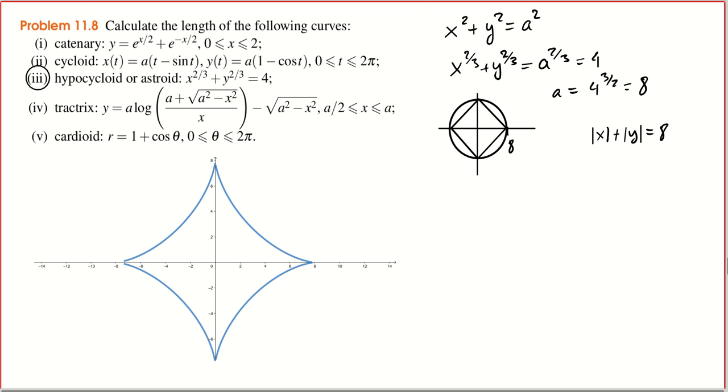Of course, this curve should end at 8, so there's a small plotting problem here. This should continue up to 8, right? But anyway, this is what the curve looks like. Actually, if the exponent is smaller than 1, you always get something curved inward, like this one.